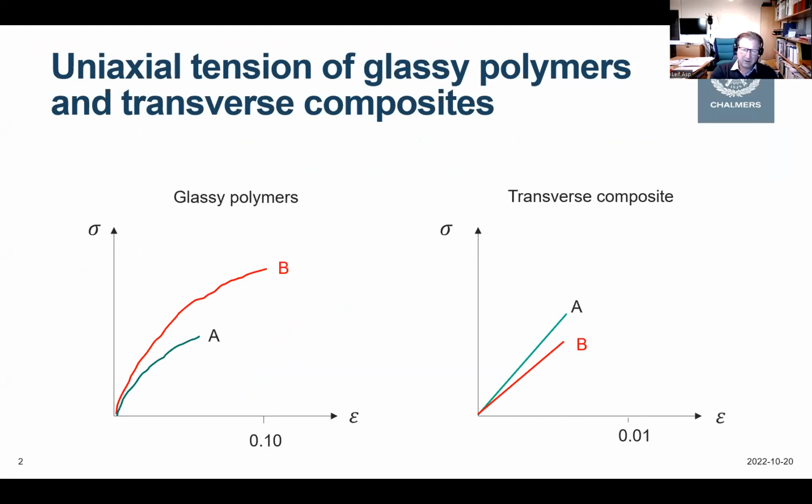So you can have a number of setups here, and there's no relationship between the glassy polymer test and the transverse composite test. And of course, when we use micromechanics, we are advised to look at the uniaxial tensile data for polymers, for instance. I haven't checked if this is true at all for the compressive case, but it could be.